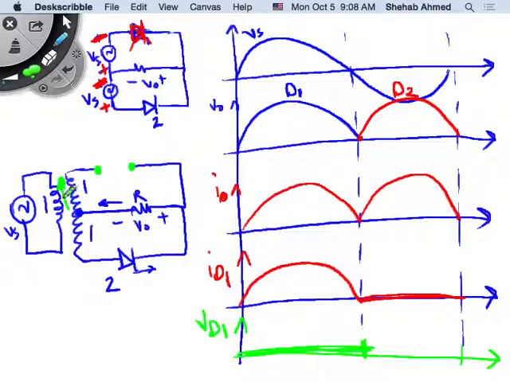Yes. Even when it's open, it's here. And then this V source is now being applied across V output as well. So this V source exists, right?